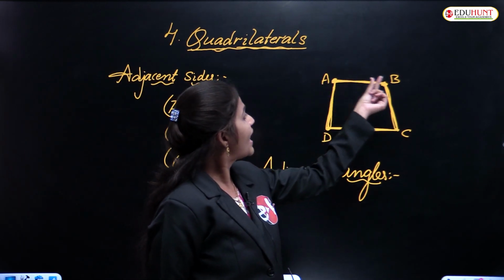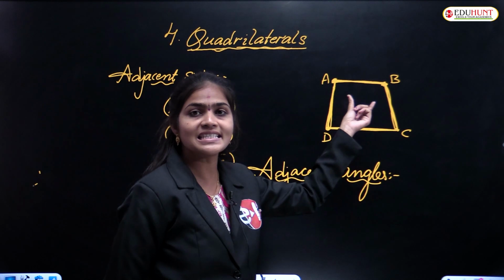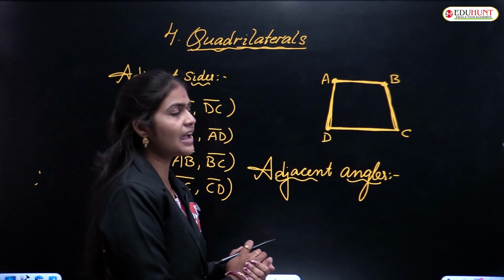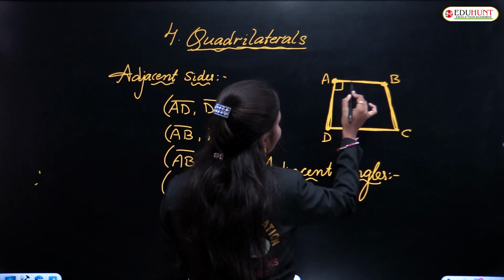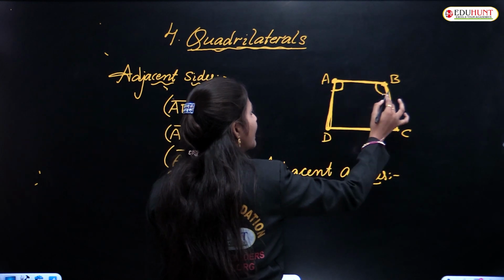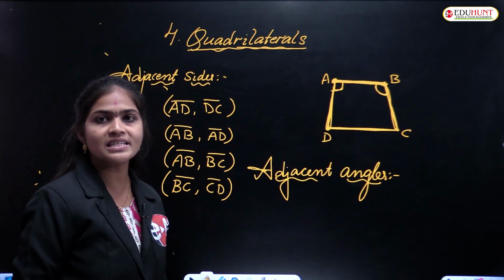So two angles formed using a common side are adjacent angles. Here A is one angle and B is another angle, and A, B have a common arm, that is, a common side.